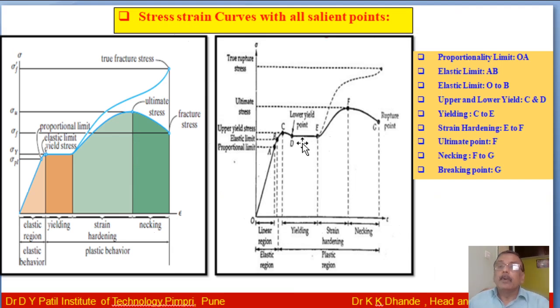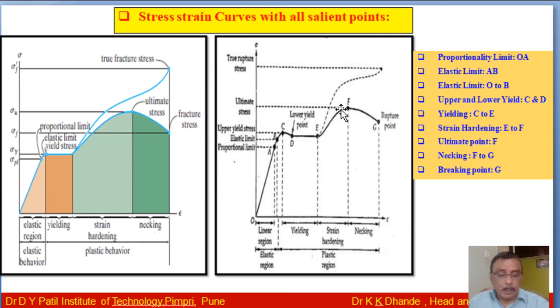Now next, when the yielding ends, meaning after the point E, the stress again increases. Now see that graph from E to F. Stress increases, and additional load is required to increase the strain. Here from E to F, again load is required.